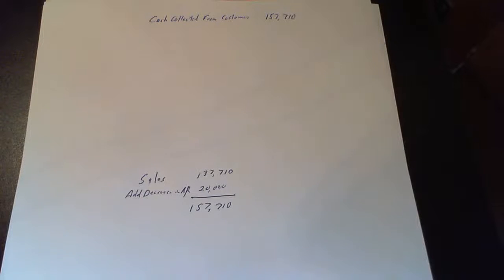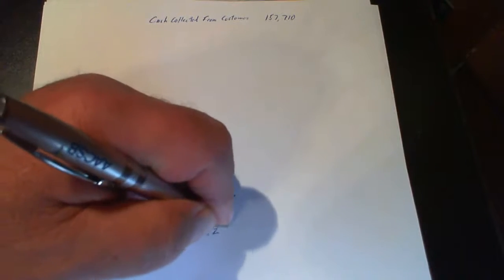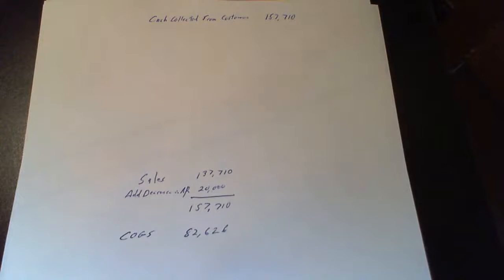All right, the next thing we have to worry about is the merchandise. We start with the cost of goods sold. That comes off of our income statement, and cost of goods sold was $82,626. Then we make the adjustment for inventory.